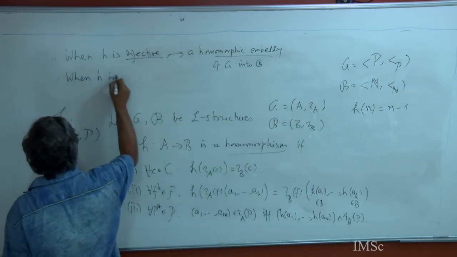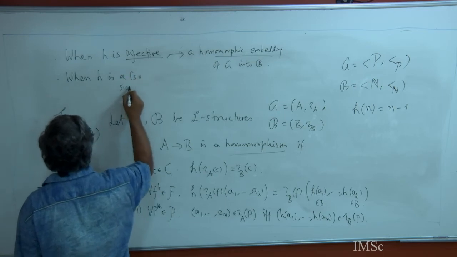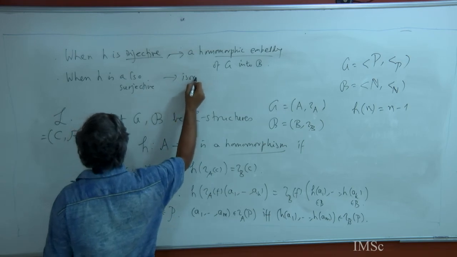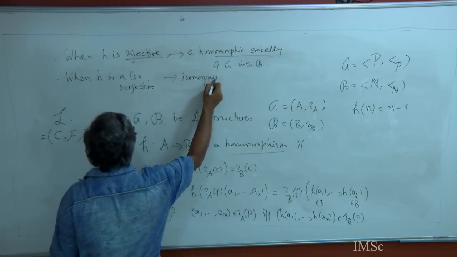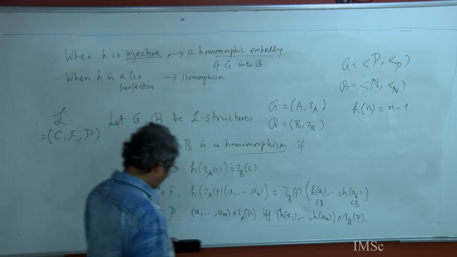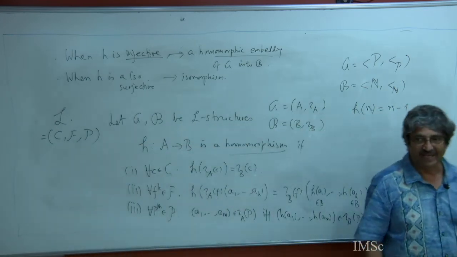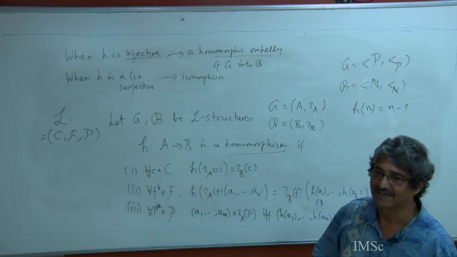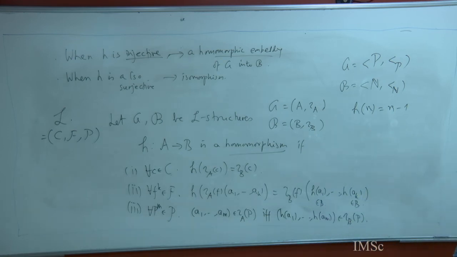When h is also surjective, we call it an isomorphism. So, an isomorphism of structures is simply a homomorphism which is one-one and onto, exactly what you would expect.